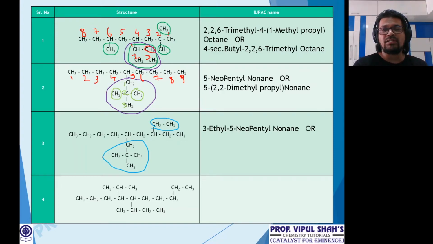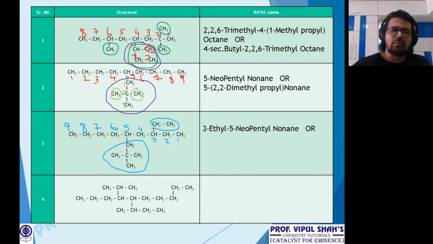So one is ethyl, one is neopentyl, and the numbering will be simple: 1, 2, 3, 4, 5, 6, 7, 8, 9. Now at 3 we have ethyl, and at 5 the second last carbon is attached to 4 others, so it's neo. Ethyl comes first, that's why the name is 3 ethyl, 5 neopentyl, skeleton of 9 nonane.